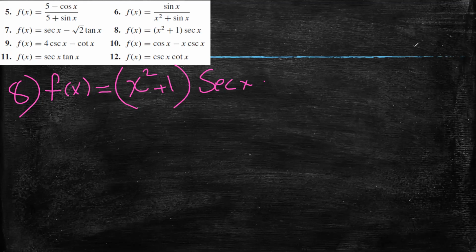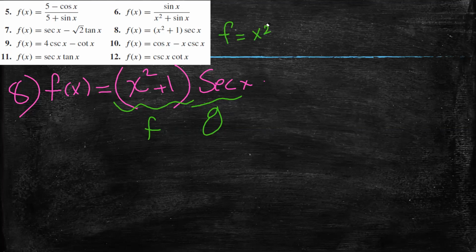Okay, we will define it by f and g. So f is x squared plus 1. So f prime will be 2x.